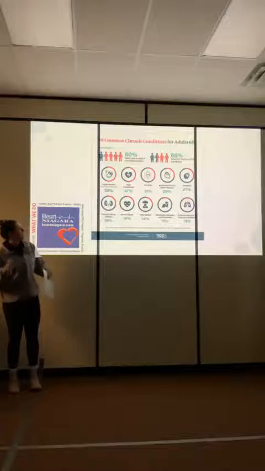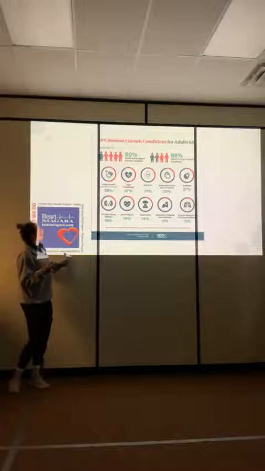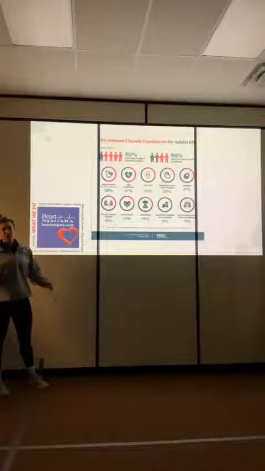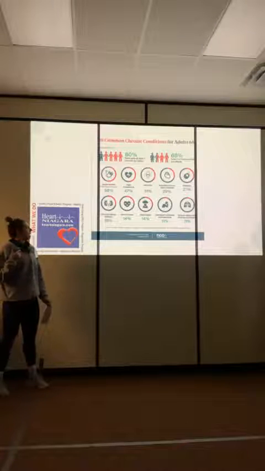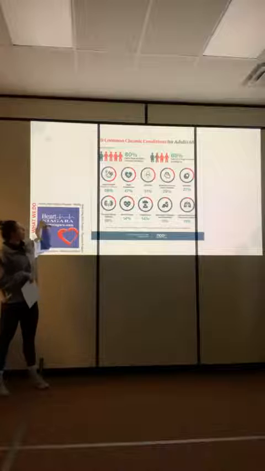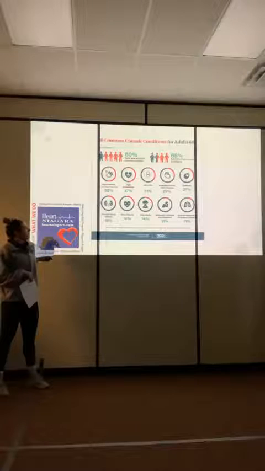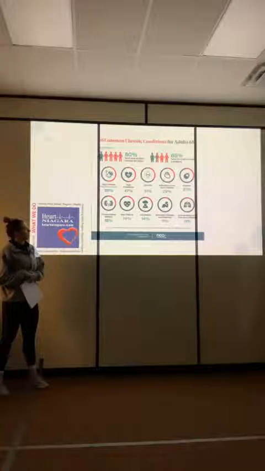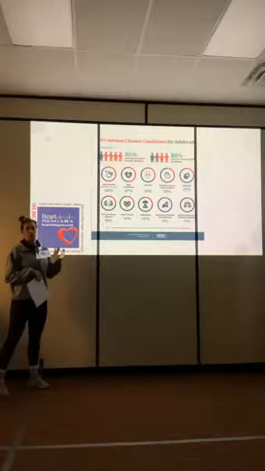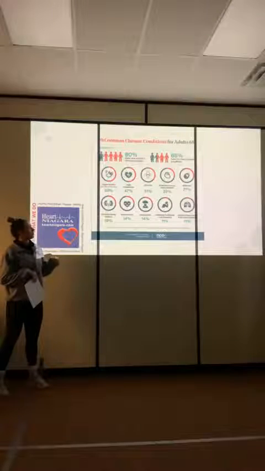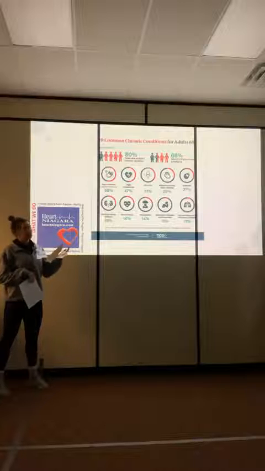This is just a graphic to show the 10 most common chronic conditions. Again, we're just going to talk about 4. But as you can see, up at the top, at least 80% of adults over the age of 65 have at least 1 chronic condition, and 68% have at least 2 or more conditions.